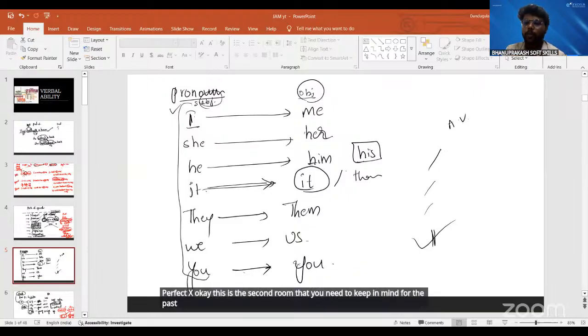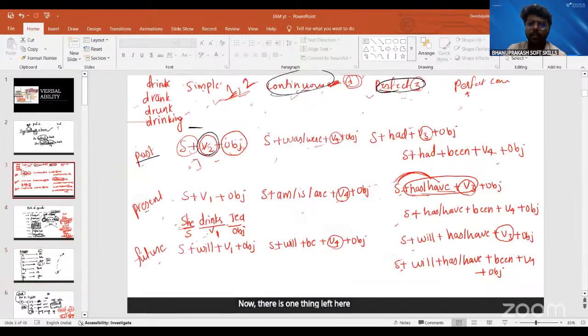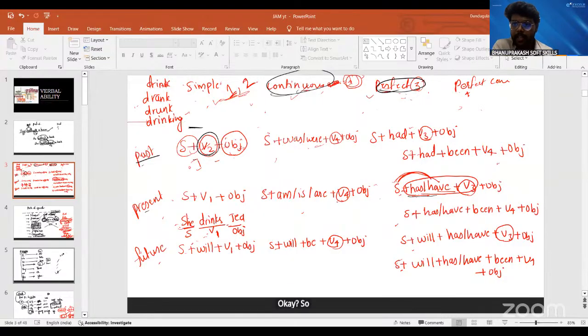And the future perfect is vice versa to this past perfect. Now there is one thing left here, which is present perfect. When should we use present perfect? Perfect itself is a completed action. As we are in the present and we are saying completed, how is it possible?